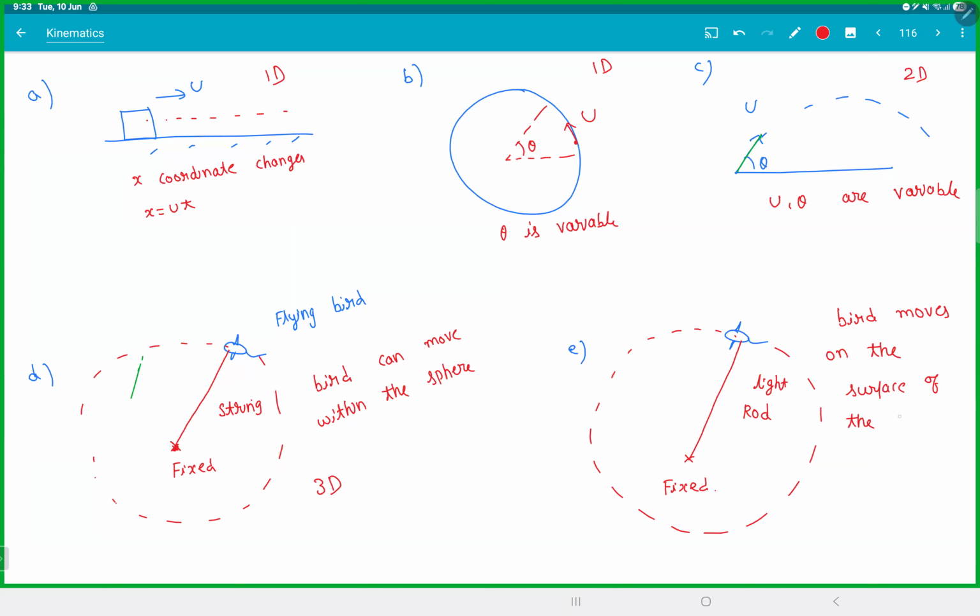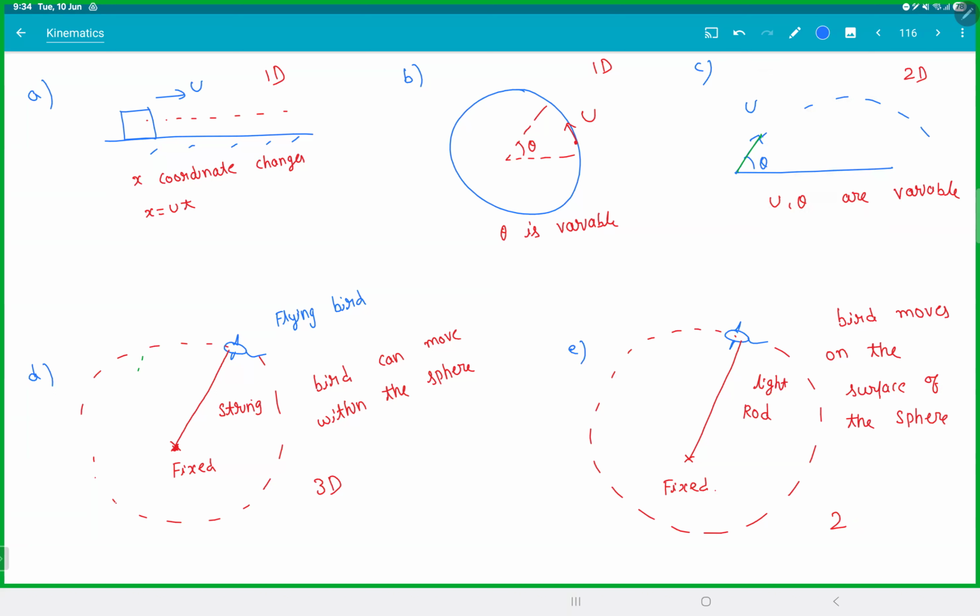You can't go into the volume. This is a 2D motion. Did you see? Putting a string and putting a rod, the whole question changes. So this can completely come inside. Is this clear, everyone? Any doubts on this?